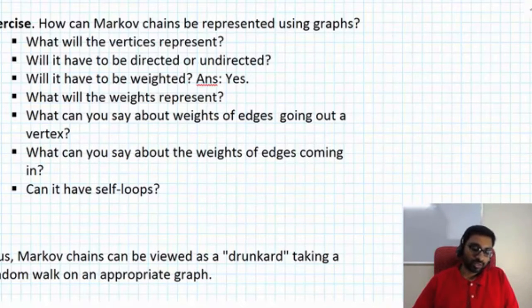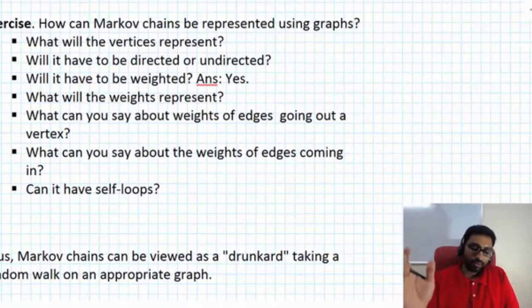So, for example, what will be the vertices? Of course, this is not rocket science. Your vertices are going to be the set of states that the Markov chain can take. And is this graph going to be directed or undirected? Well, typically it's going to be directed, because the probability of going from one state to another need not be the probability with which you come back from the other state to the original state.